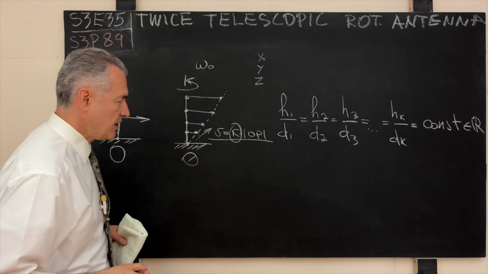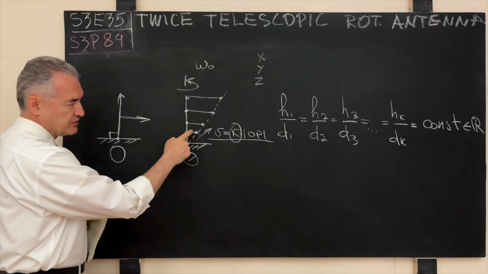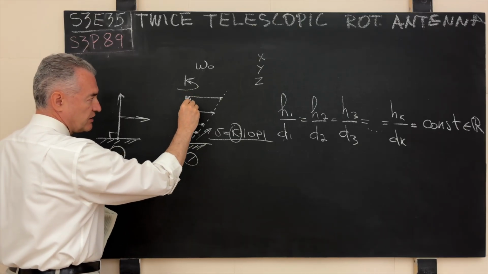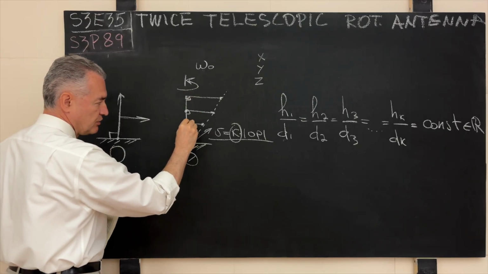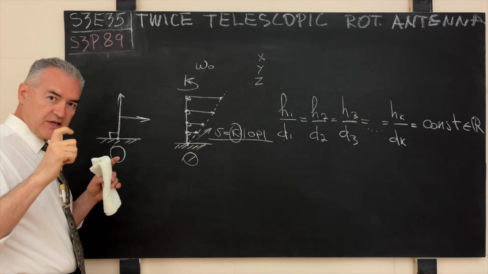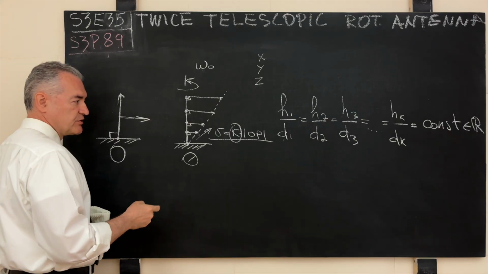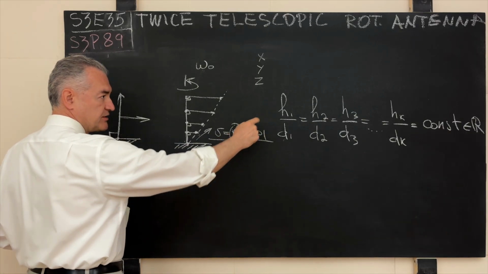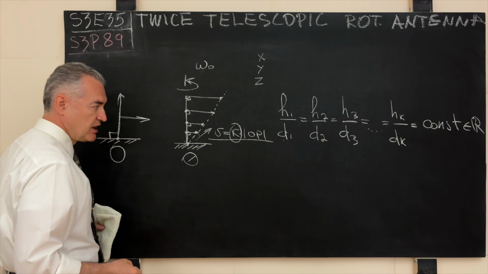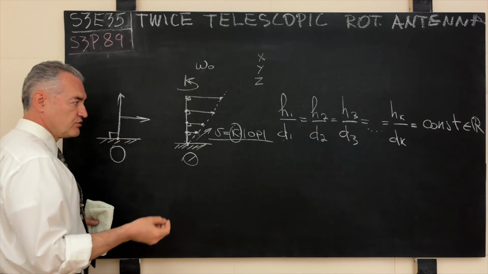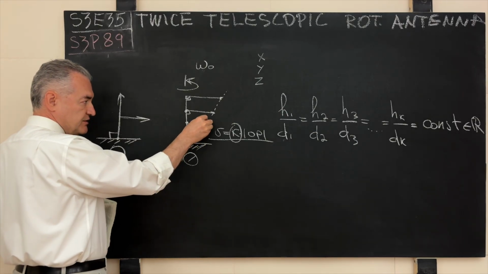What that means is that the ratio of the sides of the right triangles at any point, which we can obtain by taking snapshots of our twice telescopic antenna at this point, is one and the same, in the sense that this particular constant defines the tangent or the cotangent of this here angle.